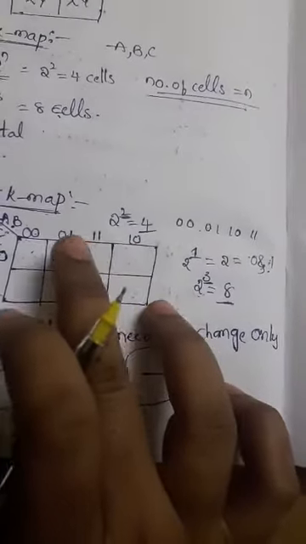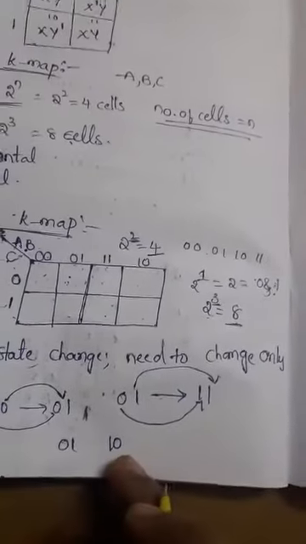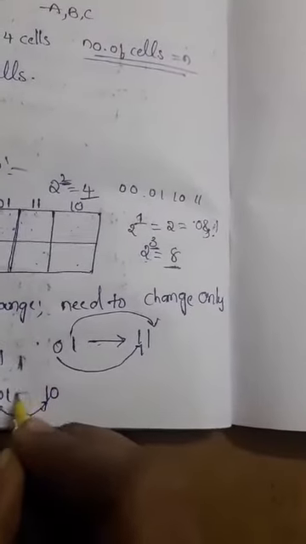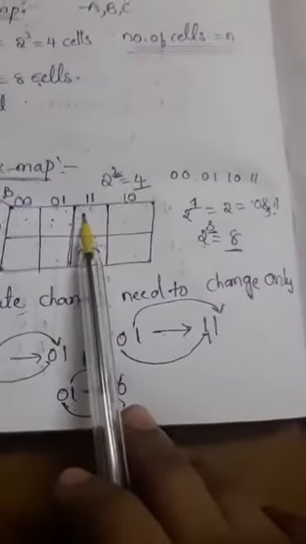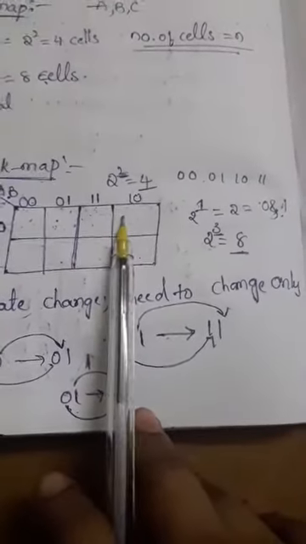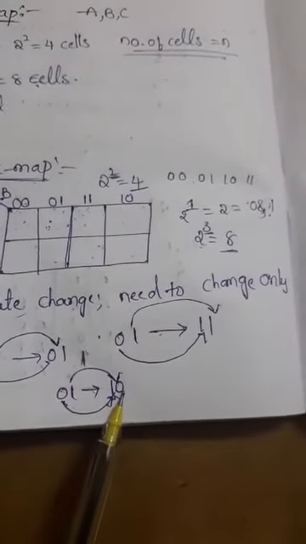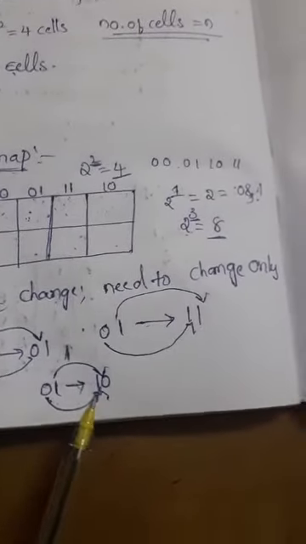From 0 1 to 1 0, if you written 1 0 here, what happens? 0 changes to 1 and again 1 changes to 0. Here 2 bits change, right? From the 0 1 state to the 1 0 state, 2 bits change at a time. It is not possible in K map.